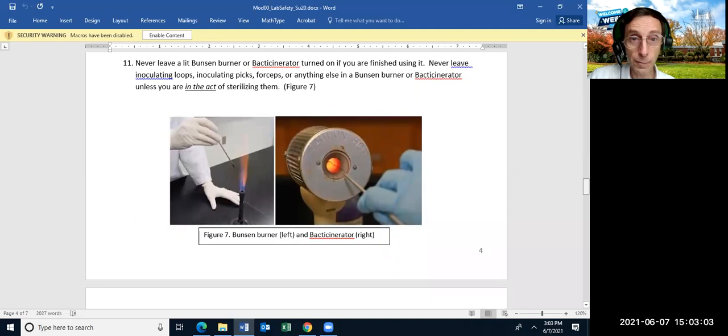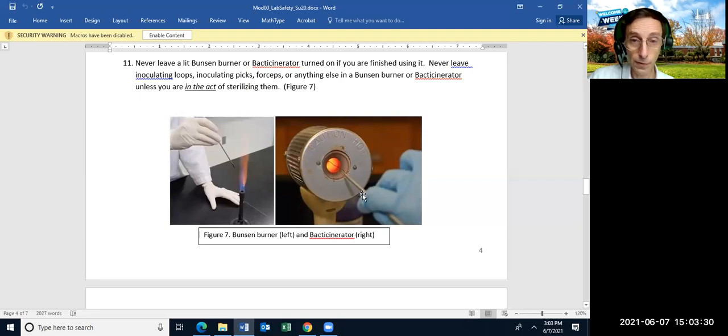We don't use a Bunsen burner, we use the Bacto Incinerator. When you're done with it, turn it off. When you're using it, you can have it on. We use the Bacto Incinerator to sterilize tools like the loop, which is shown here, a needle, which I'll show you in a minute, or forceps.